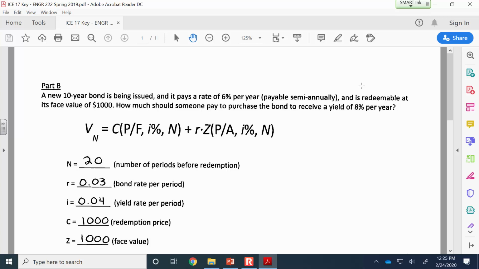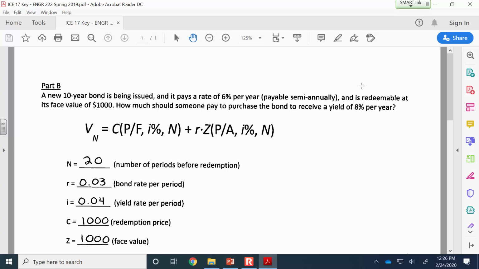So these are, if you're going to draw a cash flow diagram, we want to find out how much should you be willing to pay now if you want to have the interest rate be 4% per period. So for i equals 4%, so a yield rate of 4%, how much should you pay to have balance between these 20 payments of $30 and the single lump sum of 1,000?